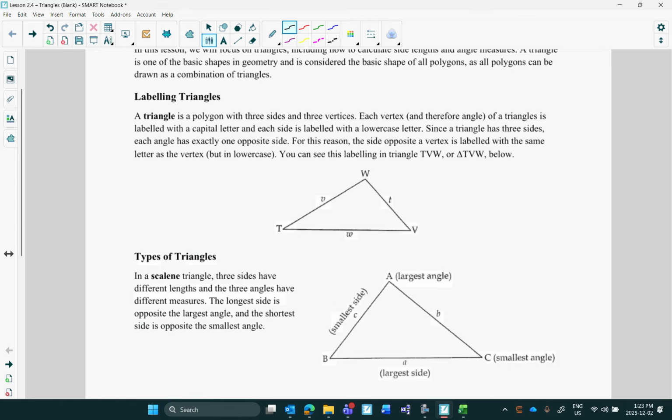So we're going to name this capital B at this corner or vertex, then the opposite side will be little d. We're going to name this one capital T at the vertex, and the opposite side is going to be little t. And then same with capital W and little w. So capital means an angle or a corner or a vertex. Lowercase means a side.